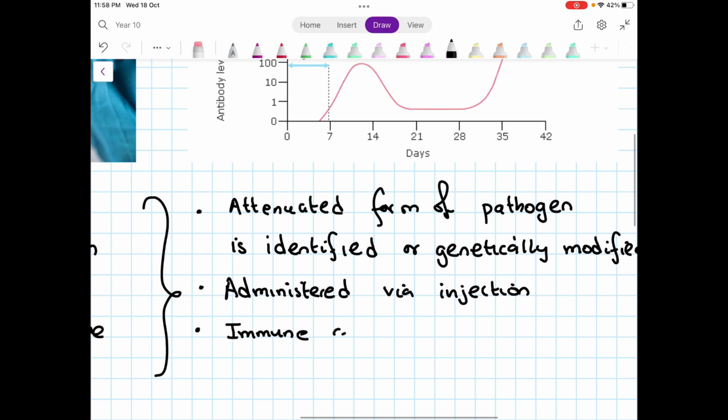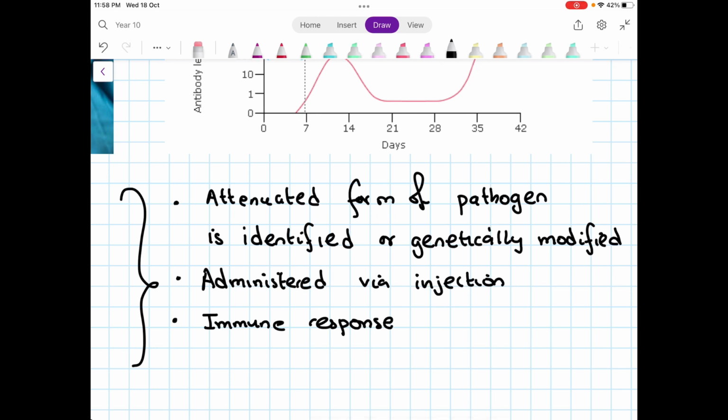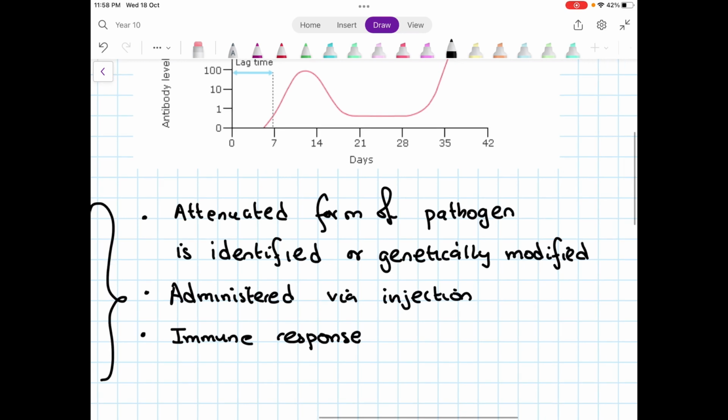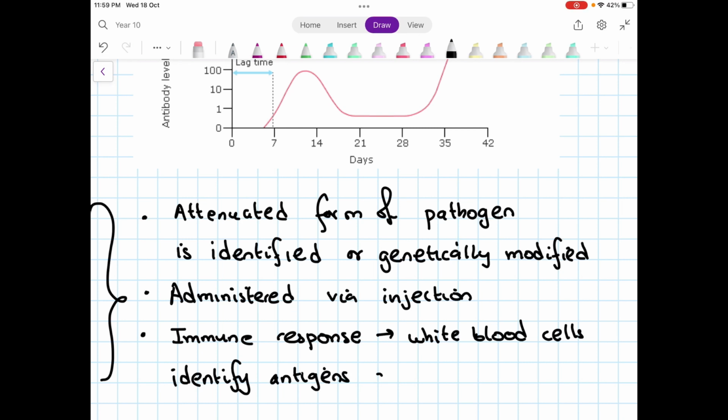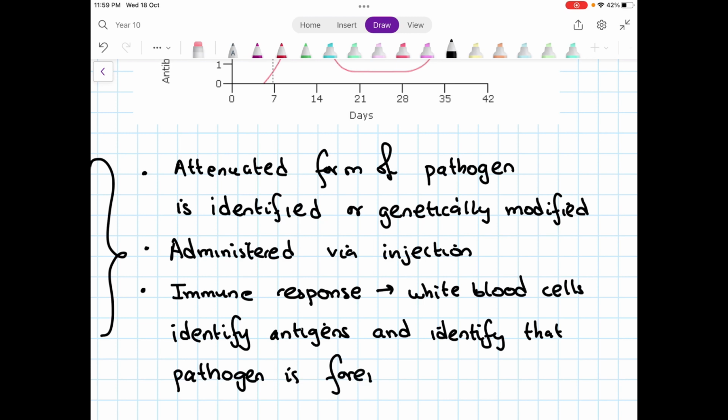So, immune response, where white blood cells notice antigens that are present on the surface of pathogens. So they identify that the pathogen is foreign to the body.